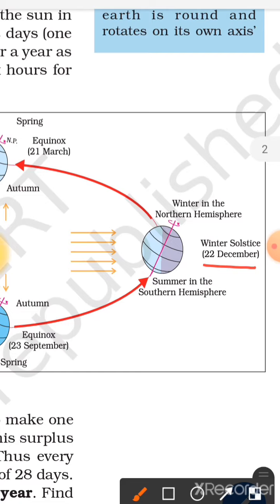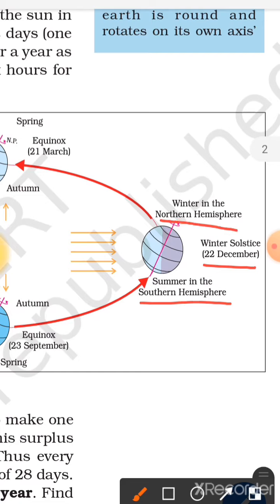On the 22nd of December the longest day and the shortest night is in the southern hemisphere, and the longest night and the shortest day is in the northern hemisphere.